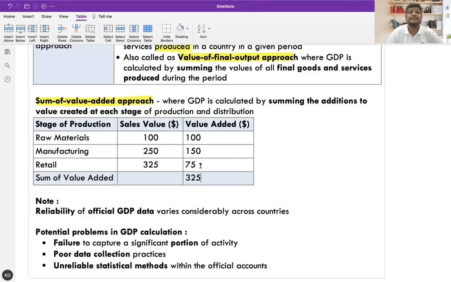Now, if you take all the goods in the economy and assume that you are using the value added approach, is it so easy to actually calculate for every good and service produced in the economy? Of course, it is not. It's so much data.